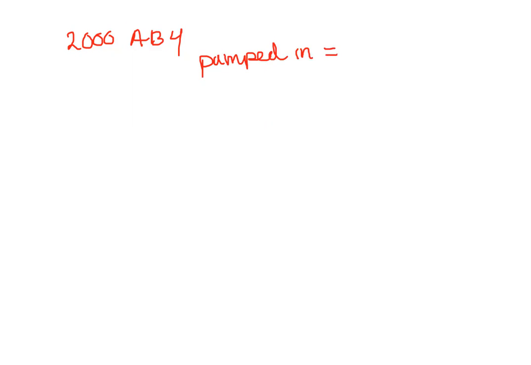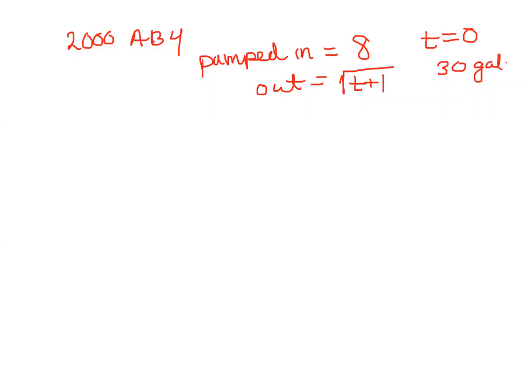The rate it's pumped in is 8. Okay, there's no variable there. Water leaks out at a rate of the absolute value of t plus 1 between 0 and 120. At time equals t, at t equals 0, there is 30 gallons of water.